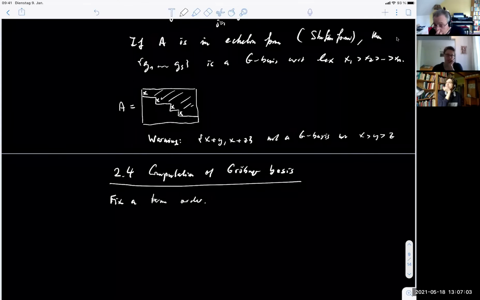The only thing is that one has to show that this procedure actually stops. Why does it not go on infinitely often?